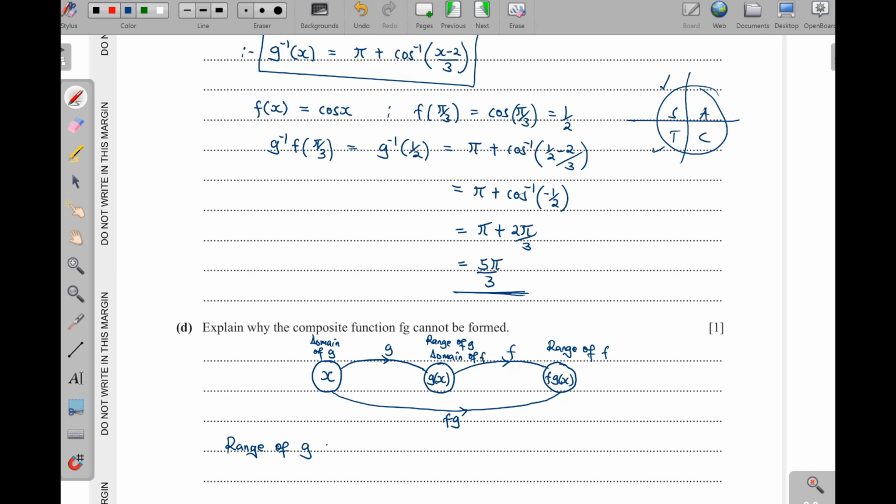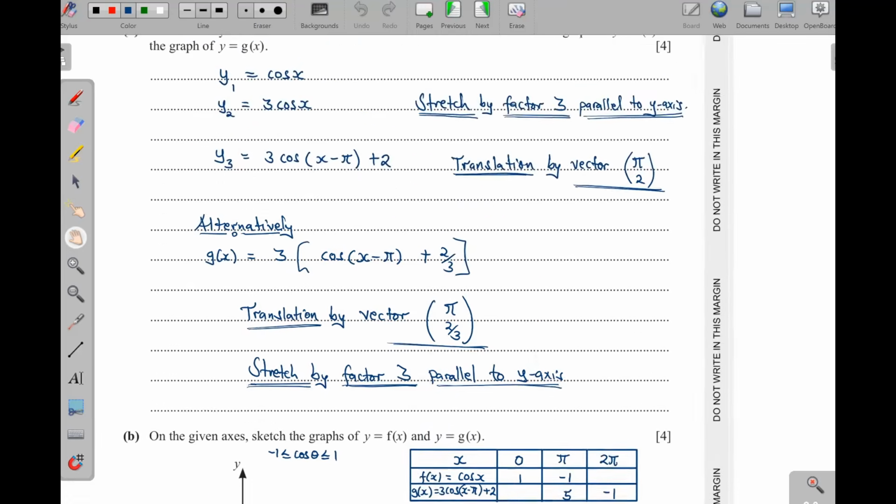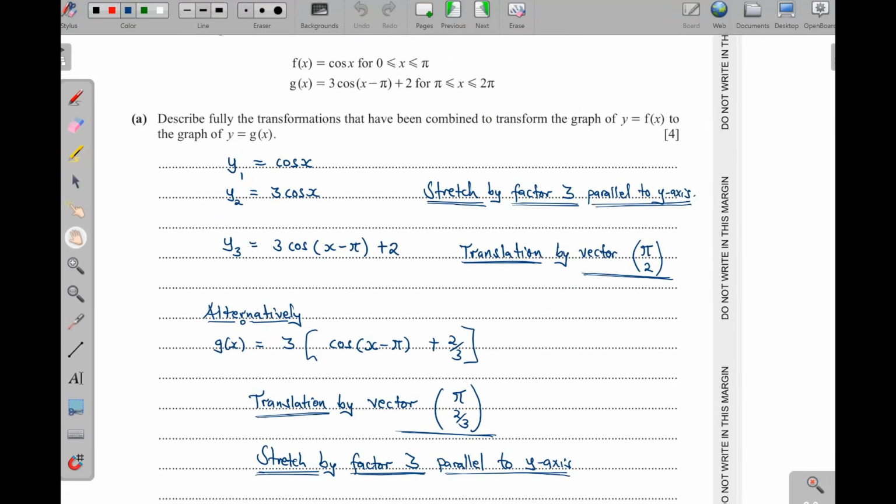So the range of g, its maximum is going to be when you put here a 1, because cos does not go beyond 1. So this is 3 plus 2, that's a 5. And then its minimum is when you put a negative 1 here, because that is the smallest for the cosine. Then negative 3 plus 2, you get a negative 1.